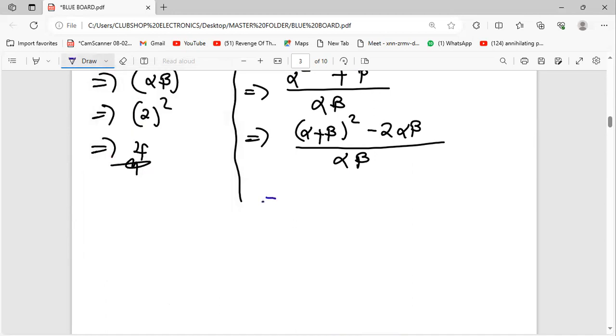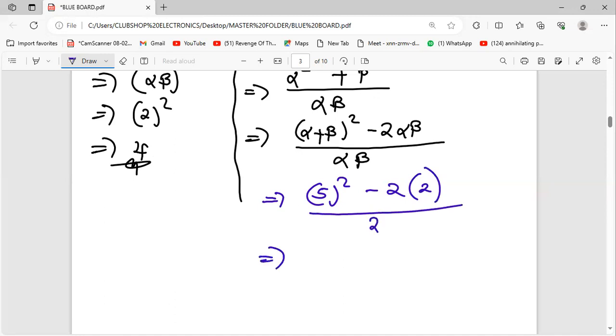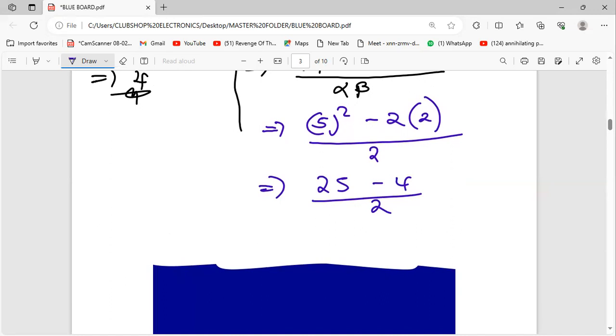Okay, so this implies that we have, what is alpha plus beta? Alpha plus beta is 5. So it is 5 squared minus 2. Alpha beta is 2, divided by alpha beta, which is 2. This would be 25 minus 4 divided by 2, right?